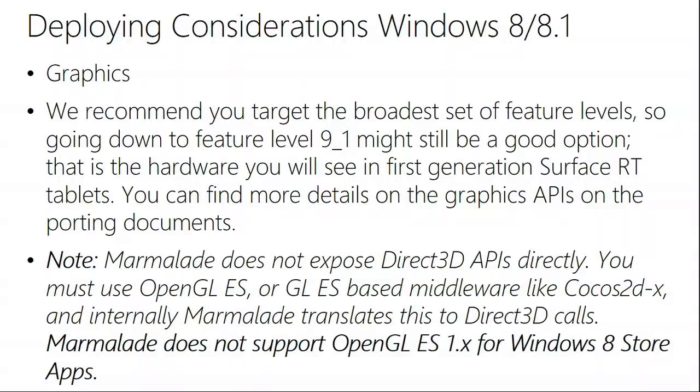So let's look at some of the deployment considerations then for building for Windows 8 and 8.1. Graphics are key. We are running on PC devices, so again, we expect you to be building to the DirectX level of 9.1 as a minimum. Again, think about how we have 2 different SKUs. So we have the Intel devices and the AMD devices running x86, and we also have the ARM devices, like things like the Surface RT.